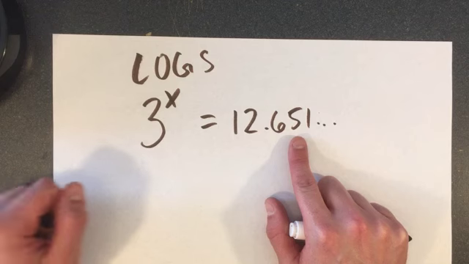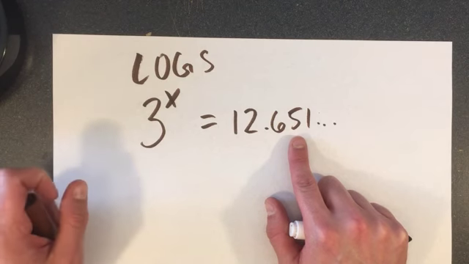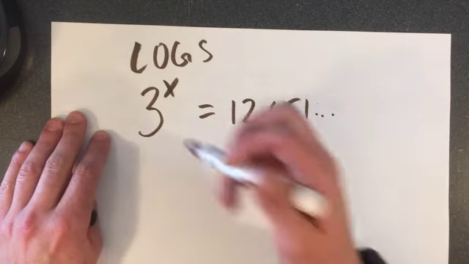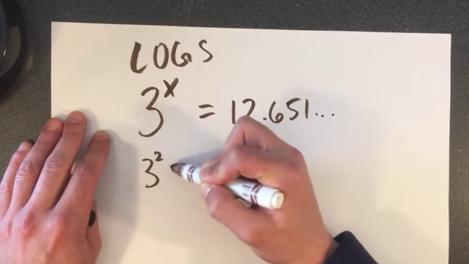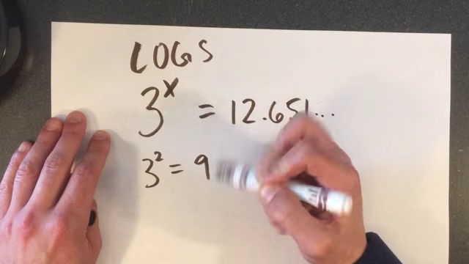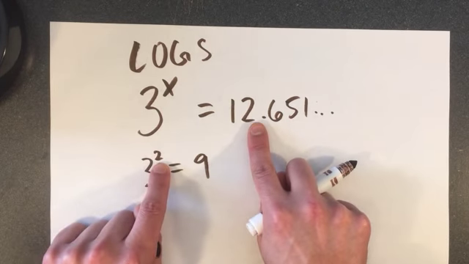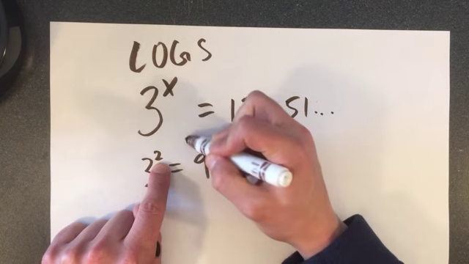Well, if you were a monk in a monastery, around the 1600s, you would literally go and check. Let's check, 3 squared is 9. So x is definitely more than 2. We can see that right there.